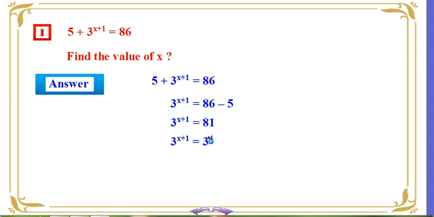Now we have 2 powers of the same base, having the same value, so their exponents are equal. So x plus 1 equals 4. From there, we find x equals 3. We finish exercise number 1 and continue to solve exercise 2.